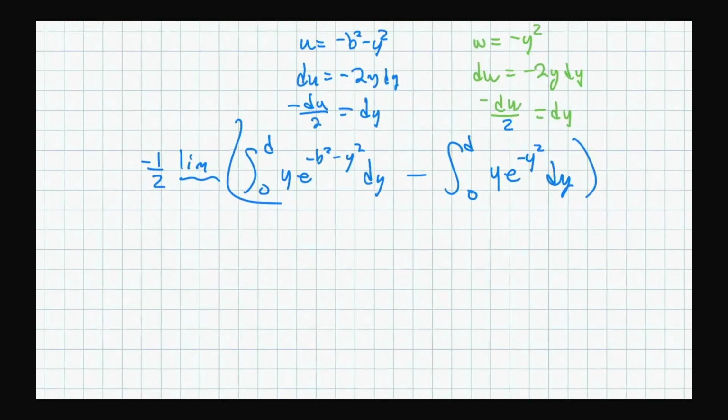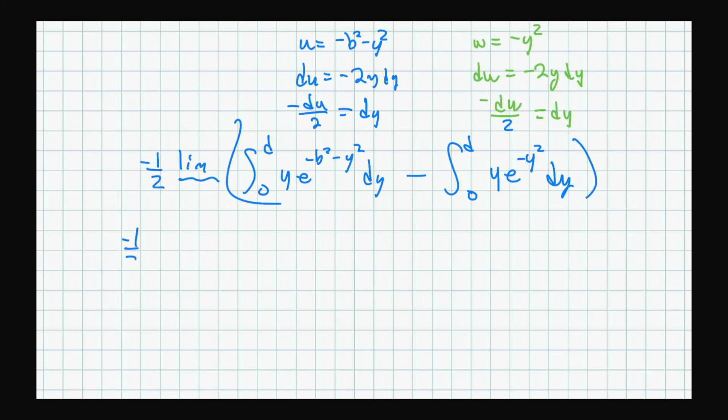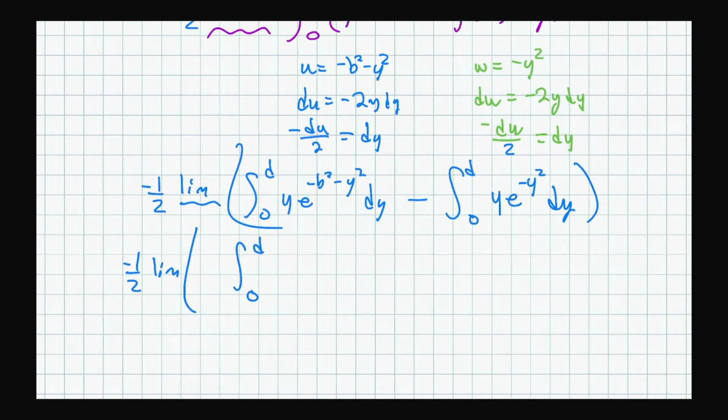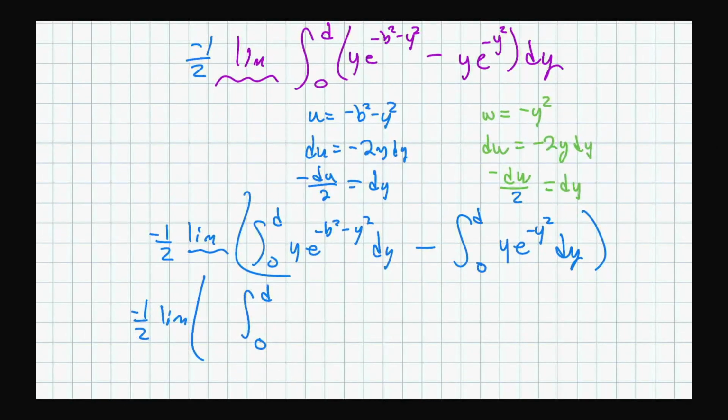And all of that still has that limit on the outside. So using my substitutions here, I have the integral from 0 to d of, well, we've got to make the same substitution, right? So this is du over 2 is y dy. My brain is just at it today, I think. We fix these.